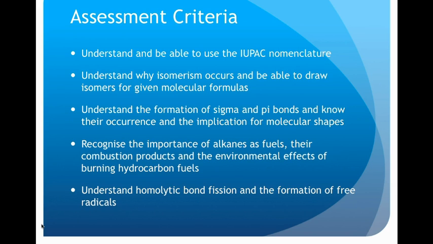You understand the formation of sigma and pi bonds and know their occurrence and implication for molecular shapes. Then we'll talk about alkanes as fuels, what happens with combustion products of alkanes and the environmental effects of burning hydrocarbons, and also homolytic bond fission and the formation of free radicals.